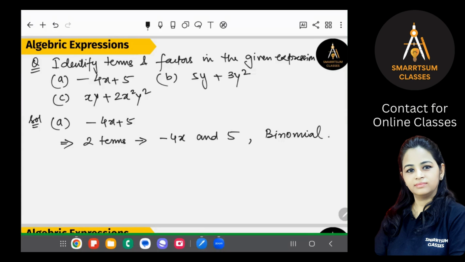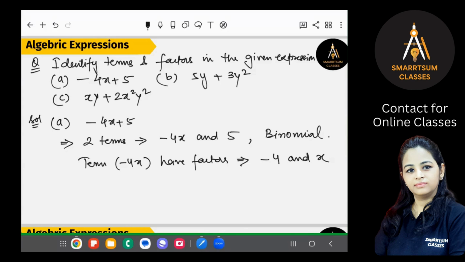Now, for the term minus 4x, what are the factors? Minus 4 and x, because by multiplying minus 4 and x, you are getting minus 4x.